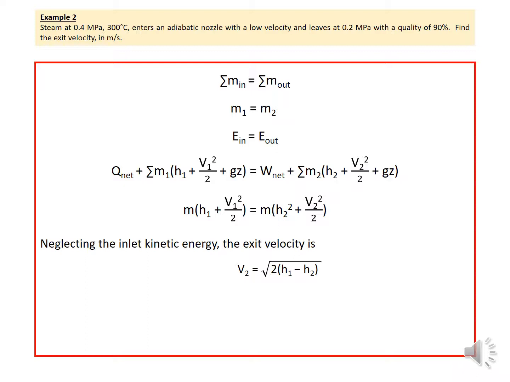Neglecting the inlet kinetic energy, the exit velocity is V2 equals the square root of 2 times h1 minus h2. V2 equals 1078 meters per second.